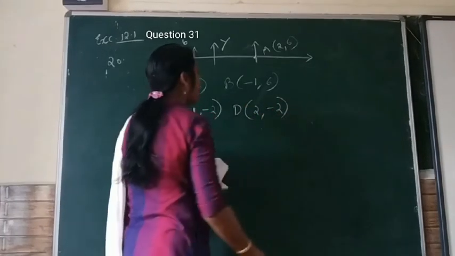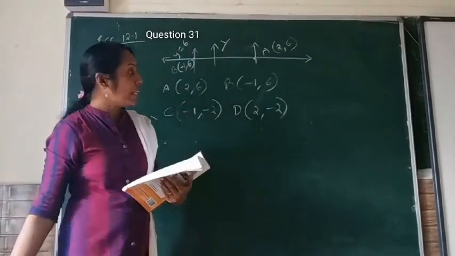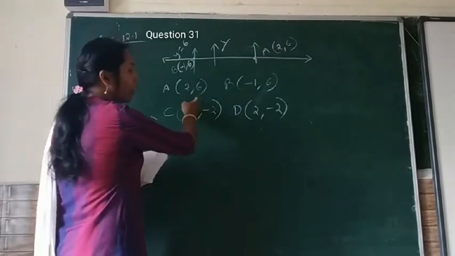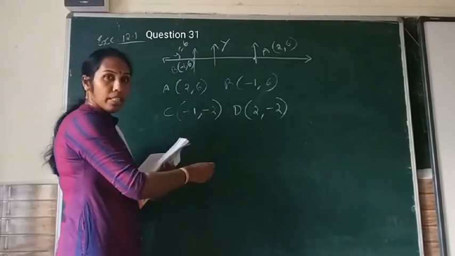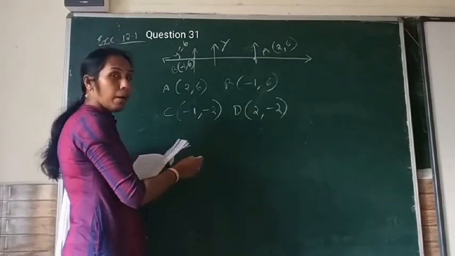These are the coordinates of the vertices. Now we can find out the equation of each diagonal. Here we can apply the point slope form. For that we have to find out the slope of each diagonal.